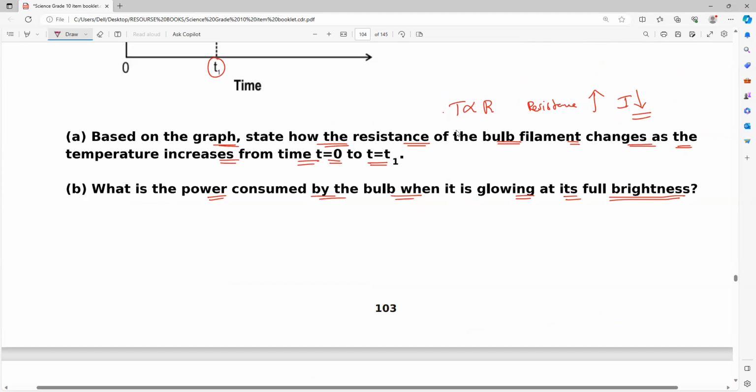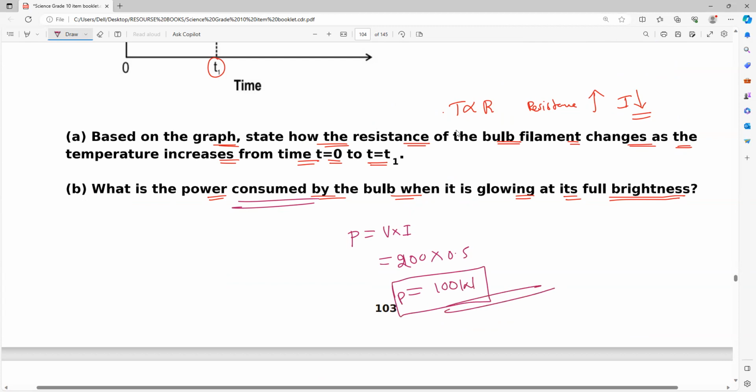Now they are asking, what is the power consumed? Power = V × I. So voltage is 200 times current 0.5. What is the answer? 100 watt.